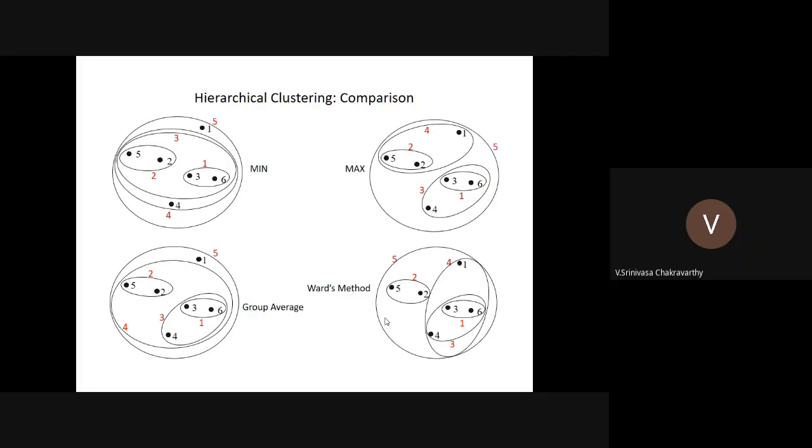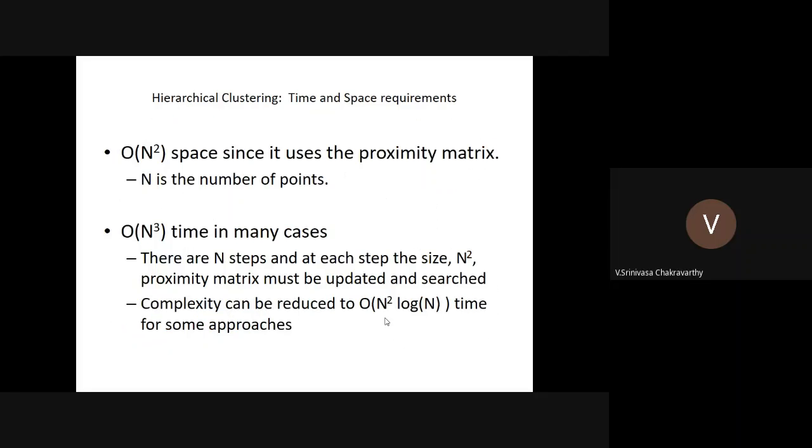Okay, so that is about the four different kinds of hierarchical clustering techniques. Now, if you look at the complexity of this algorithm, it is order n square in terms of memory, because the proximity matrix is of size n square, it has n square entries.